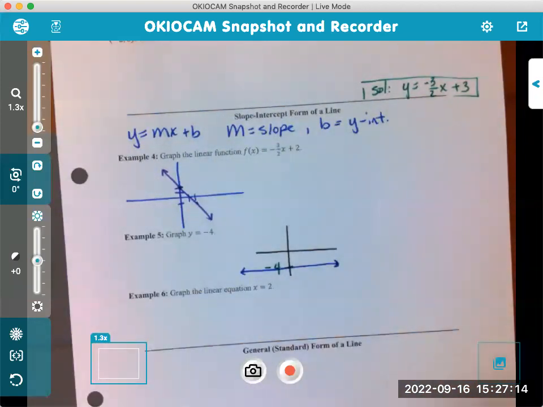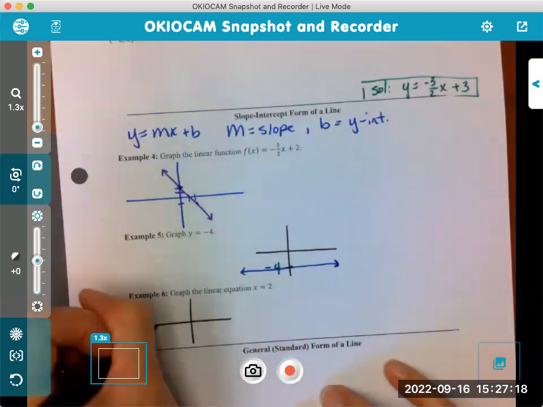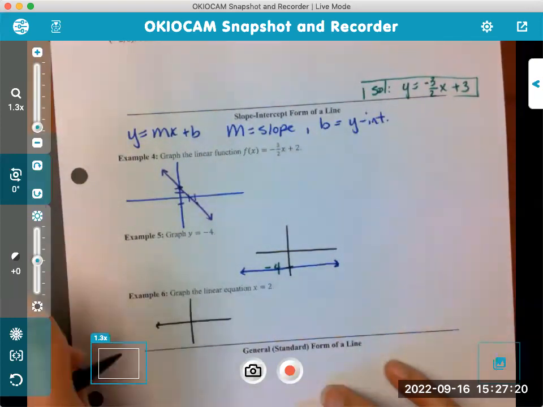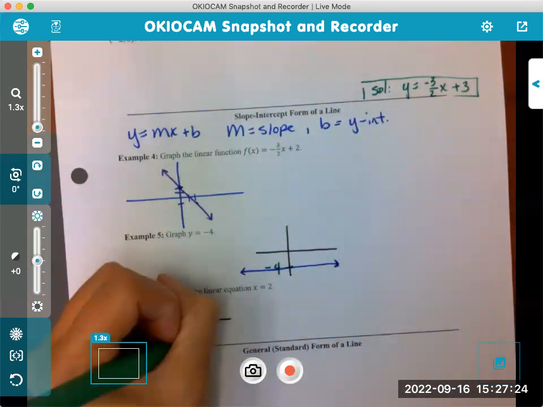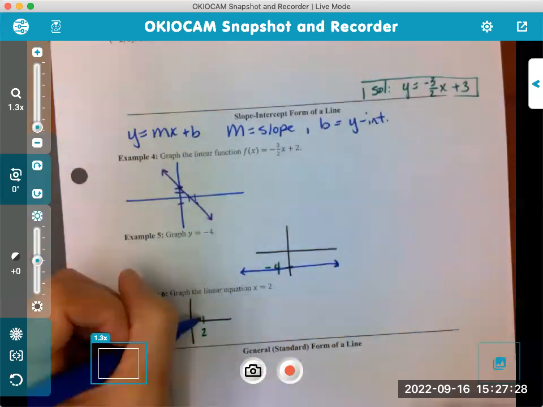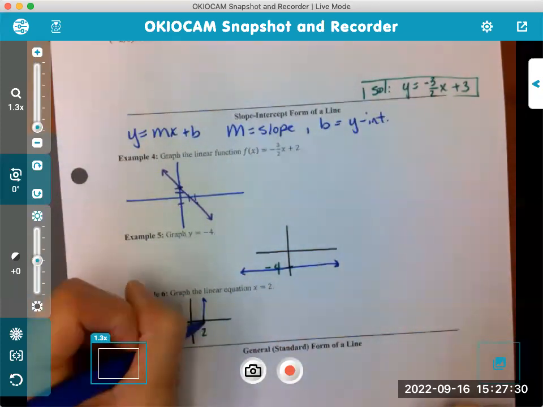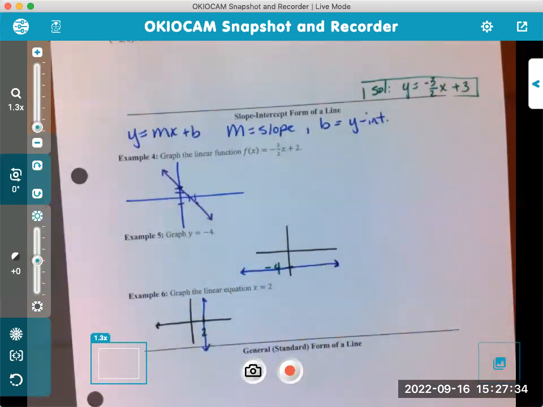No matter what x is, y is always what number? -4. Similar idea for x equaling 2. We just slap down 2 and then graph. We think of this as meaning x is always 2, no matter what y is.